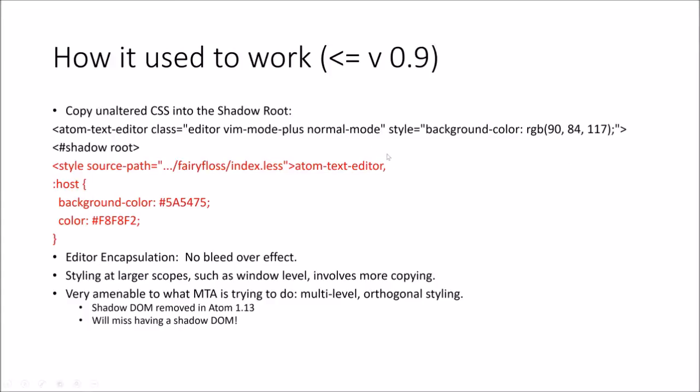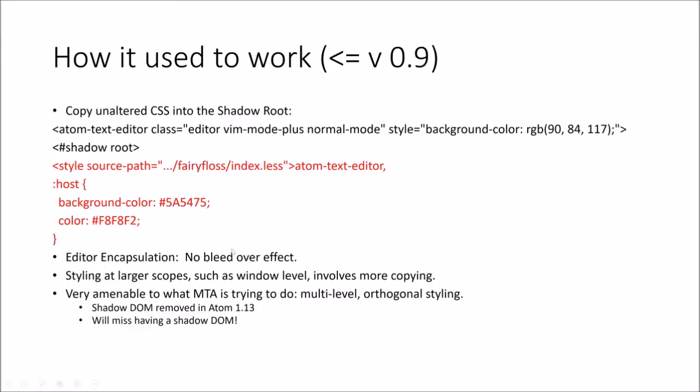Before Atom 1.13 there wasn't this problem, because they used what's called a shadow DOM, and you can look it all up. Basically, the text editor's styling was hidden behind a shadow root, which encapsulates everything. So any style you apply is the root of it, and nothing from above can overwrite it.